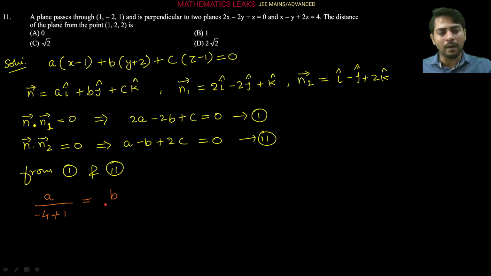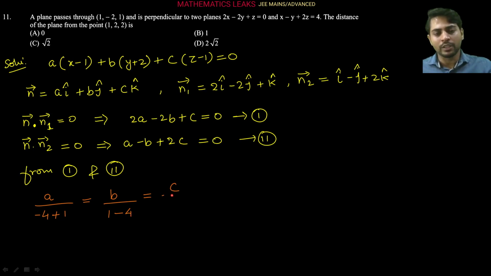Similarly, B upon, forgetting the coefficient of B, we take the cross product of the coefficient of A from the second equation and the coefficient of C in the first equation. So 1 into 1, 1 only, minus the coefficient of A from the first equation and the coefficient of C in the second equation, that is 2 into 2, 4.